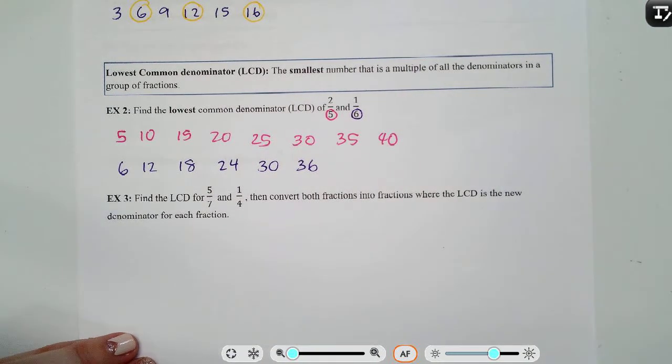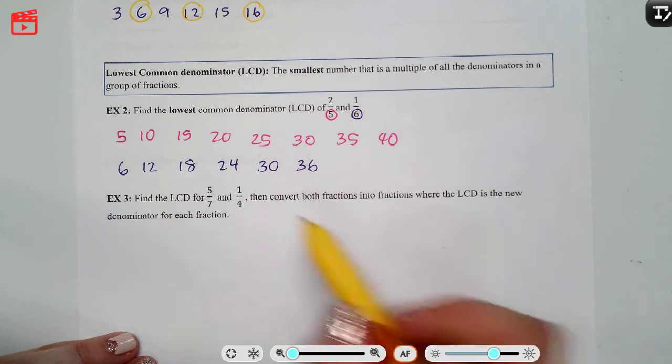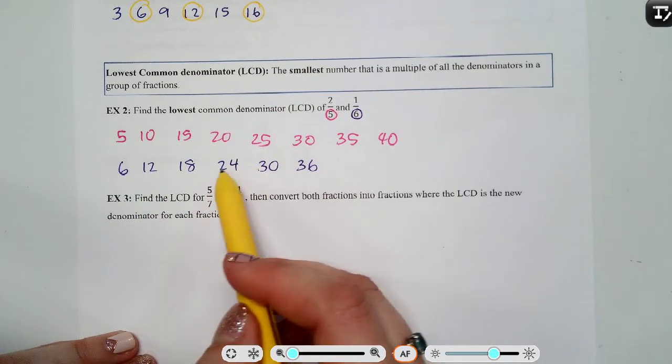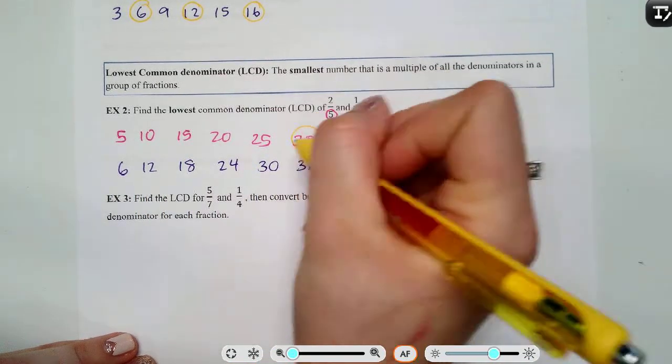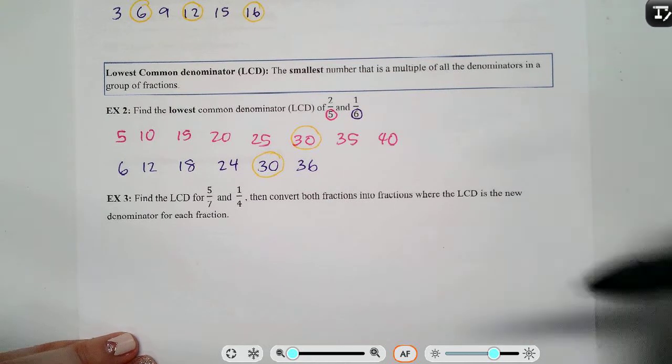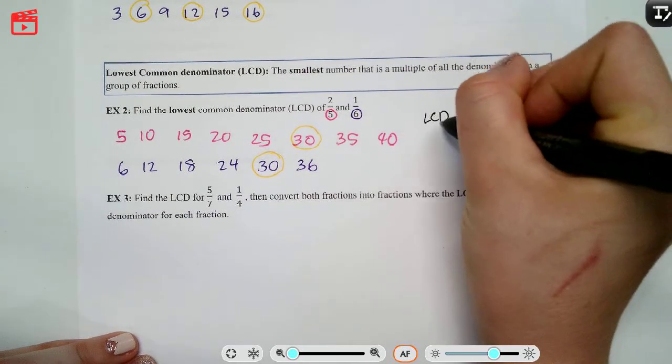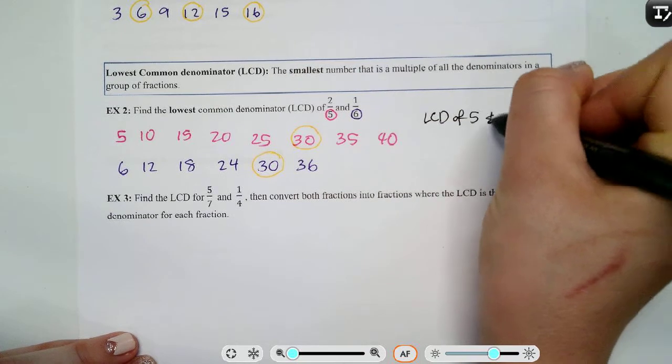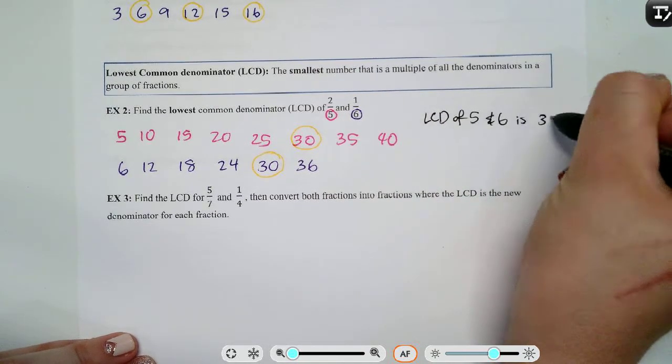I think I have found our lowest common denominator. So the number that they share in common is 30. Okay, so that number is our lowest common denominator. That's the first one we found. So the LCD of 5 and 6 is 30.